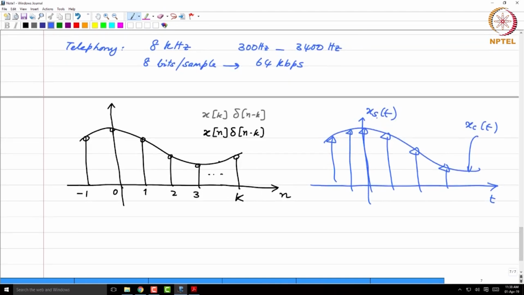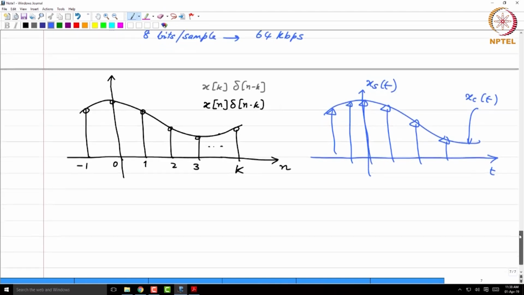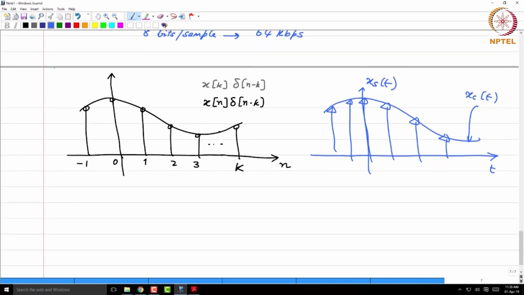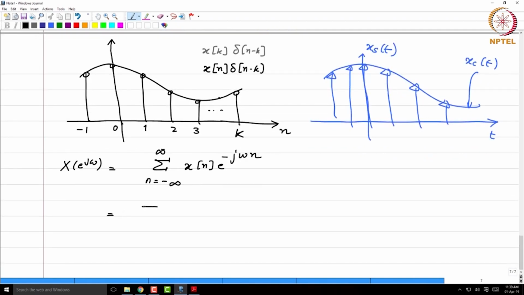Now, we want to relate these two, that is, we have X of e to the j omega. So, this is nothing but the sum for n going from minus infinity to plus infinity, x of n e to the minus j omega n, and this is nothing but the sum for n going from minus infinity to plus infinity.